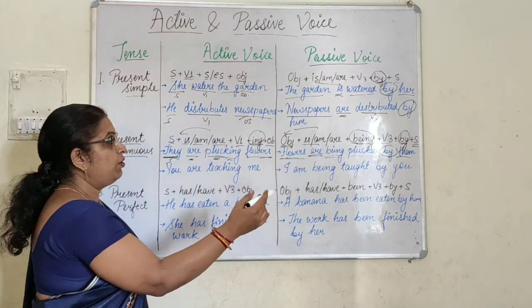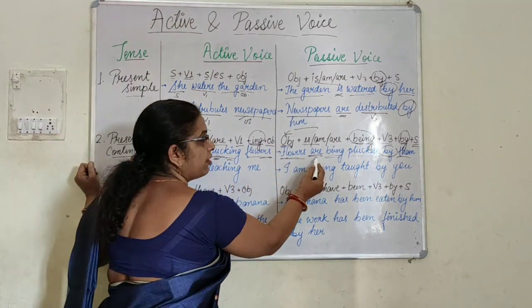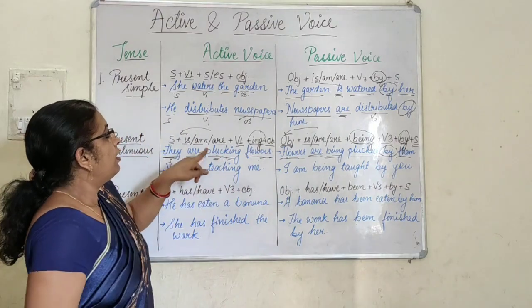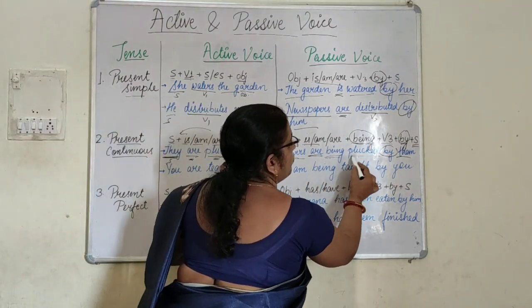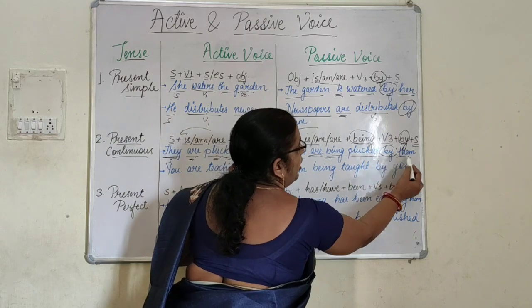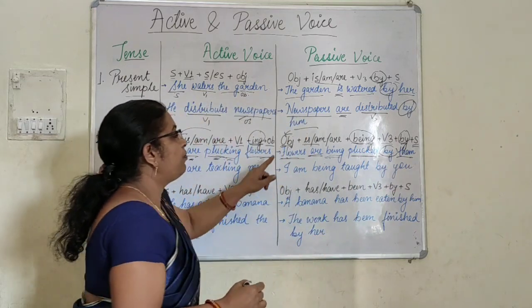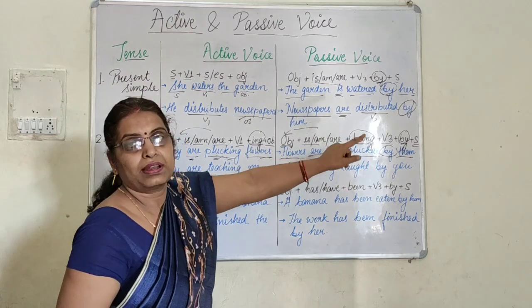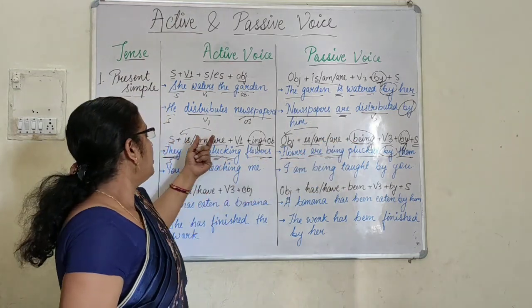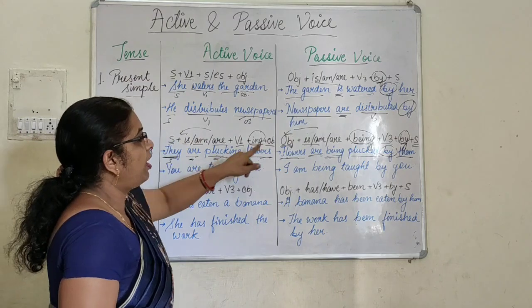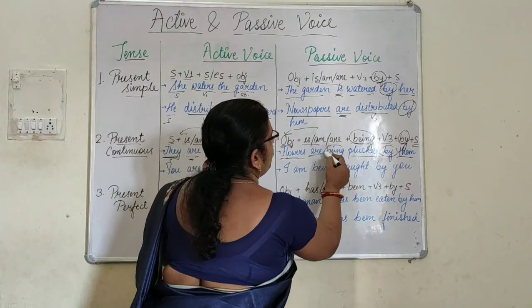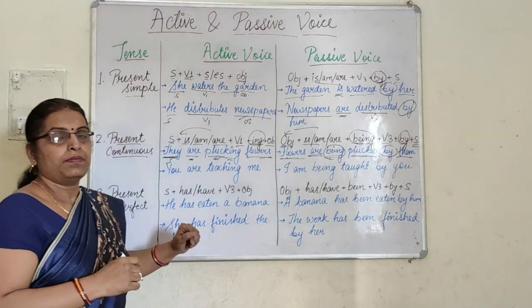Flowers is plural, so you write "flowers are". And as it is ing form, you have to use "being", the verb third form, then "by" and "them". Flowers are being plucked by them. Take care: when it is ing form, present continuous form, you have to add this word "being".